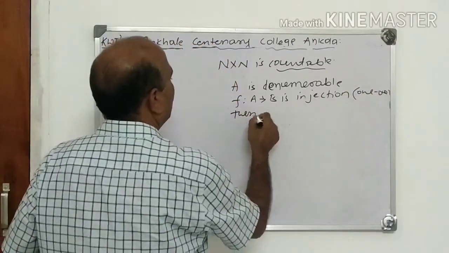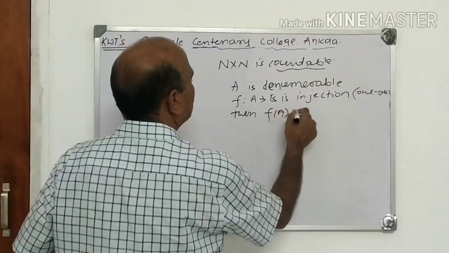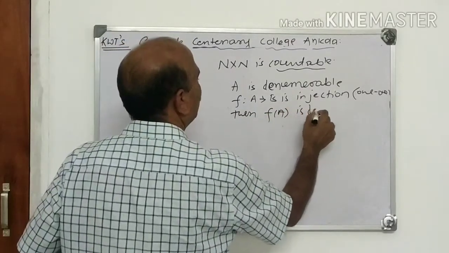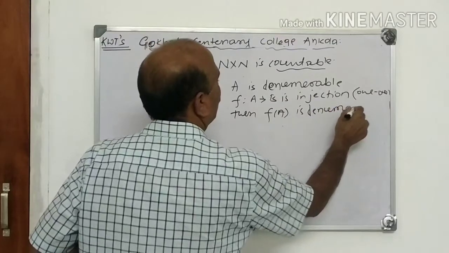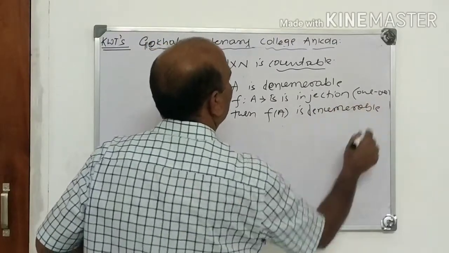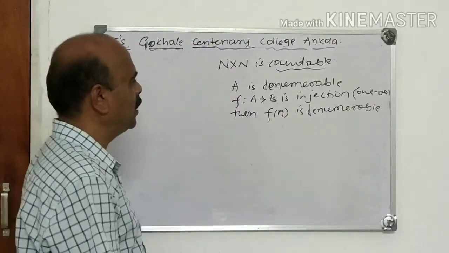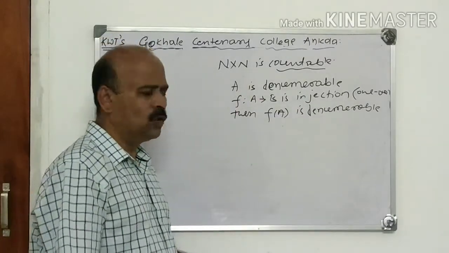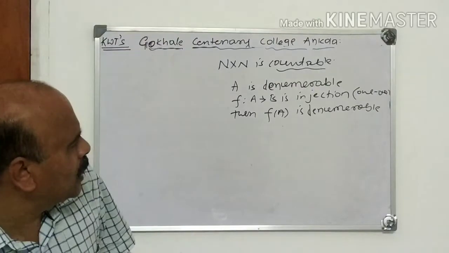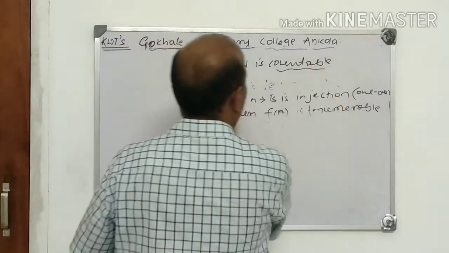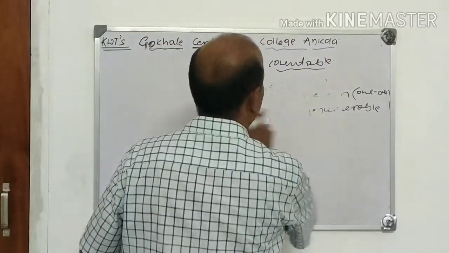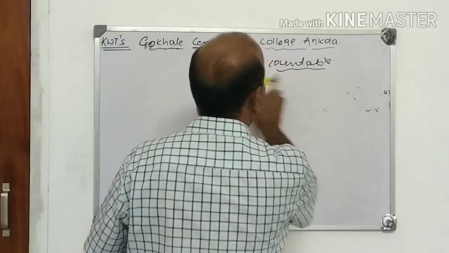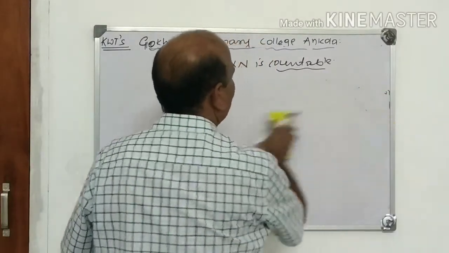Then f of A is countable or denumerable. Using this concept, I have proved that N cross N is countable. But today I use a different concept to prove that this N cross N is countable.